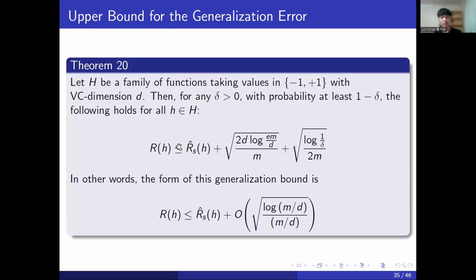So the generalization error is upper bounded by the empirical error plus this term. In other words, the form of this generalization bound is the empirical error plus these terms. The theorem looks weird, and I don't have enough time to explain its exact proof. So just remember that with Sauer's lemma, we can construct an upper bound for the growth function of a hypothesis set, and also an upper bound of the generalization error.